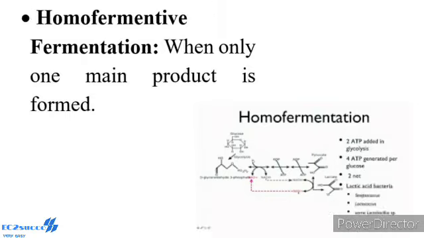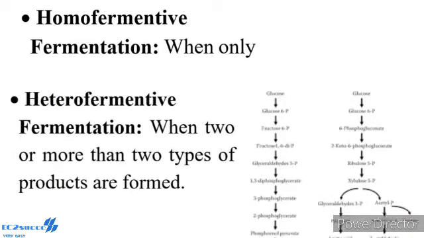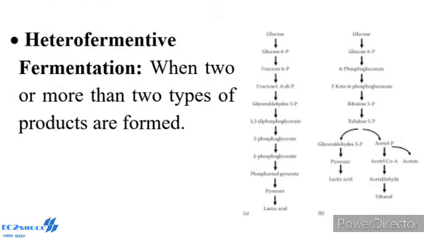Next one, homo-fermentative fermentation, when only one main product is formed. Fermentation literally means the brisk of effervescence. Next one, hetero-fermentative fermentation, when two or more types of products are formed.